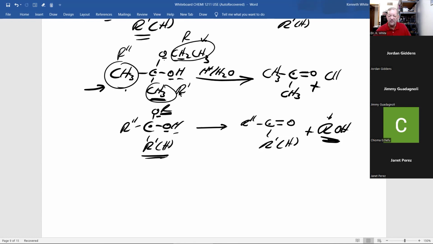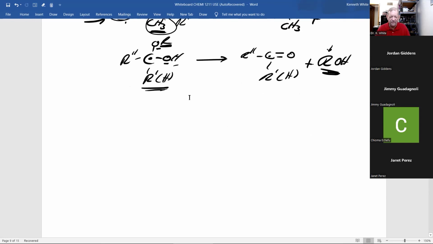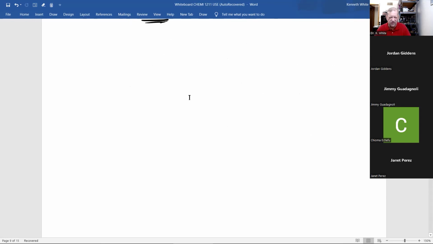So I get CH3CH2OH. And that's how you do this reaction. And these types of reactions, not with this specific molecule, but later when we get into carbohydrates, guess what? That goes on in your stomach. I'll never do a synthesis problem with this. All right.